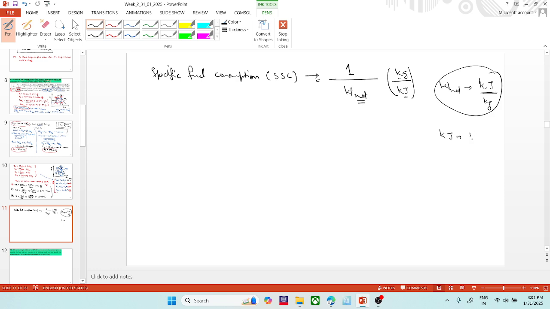So kilojoule is basically what it is. Joule is kilowatt second. I can write it like this. What is joule per second? Okay. So we can write it like this.